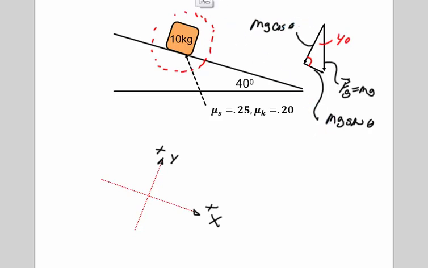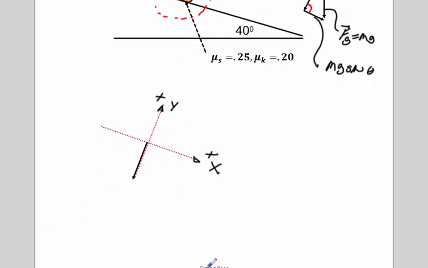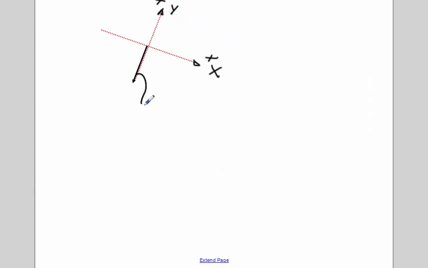Alright, so I will come down here, and I'm going to use just these components. I'm going to ignore the force of gravity because I've broken it into two components. The first one I'm going to have coming down will be like this, and this will be the force of gravity in the Y direction.